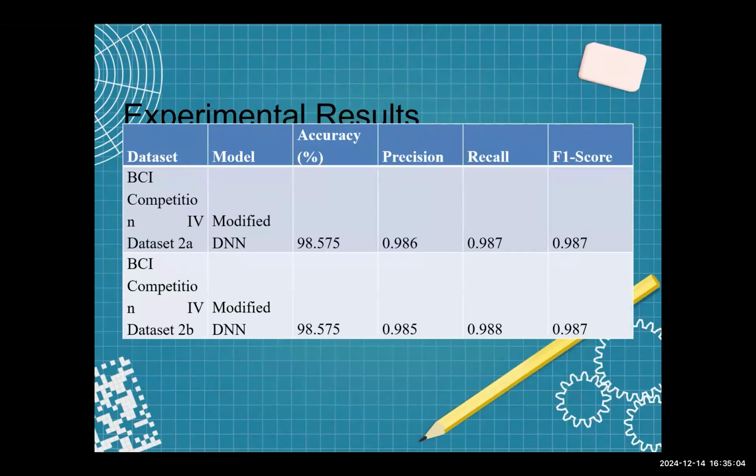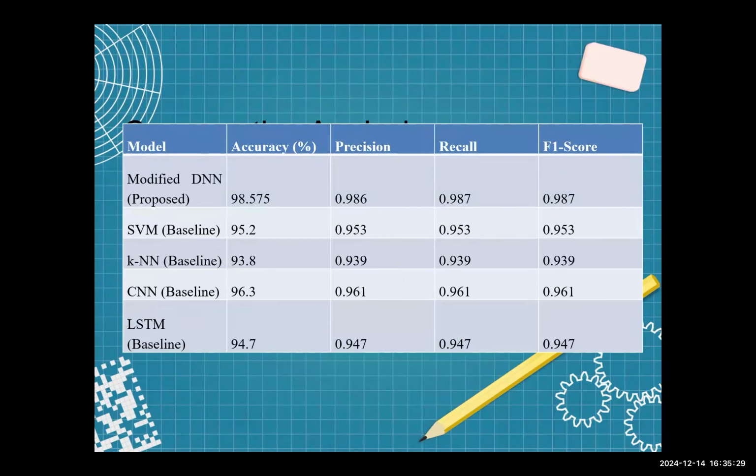Now, experimental results. If you compare with our existing DNN, deep neural networks, as well as modified DNN, the accuracy is almost the same, precision also the same, recall the same, F1 score also the same. Now, proposed modified DNN.